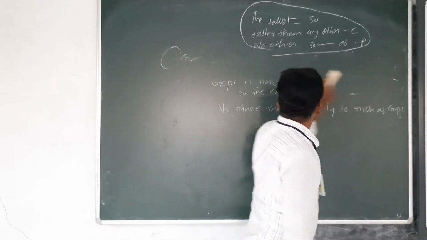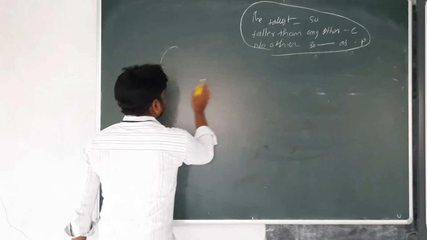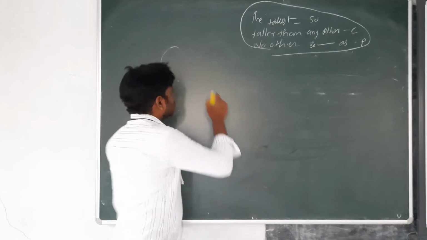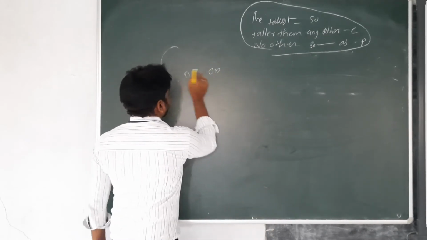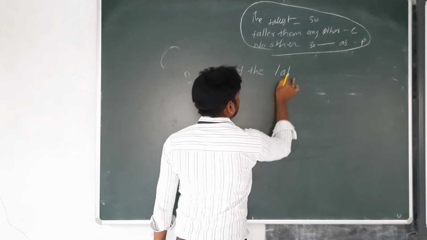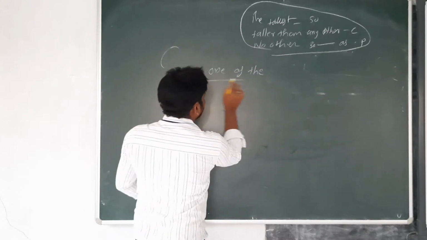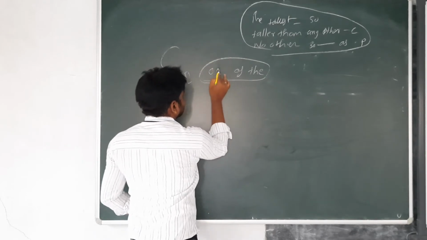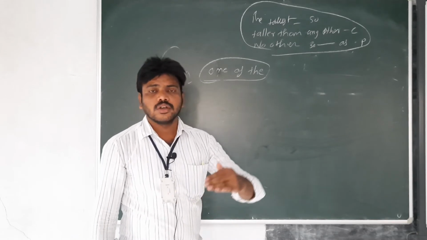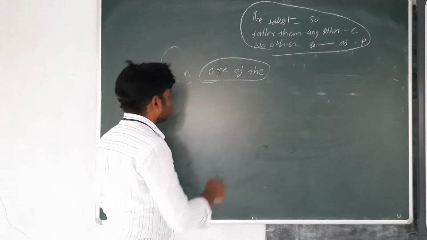Second type. When we compare again with three or more persons, we use one of the second type, one of the tallest. When you use the words one of the, how can we change superlative to comparative, comparative to positive? Now let us see an example here.